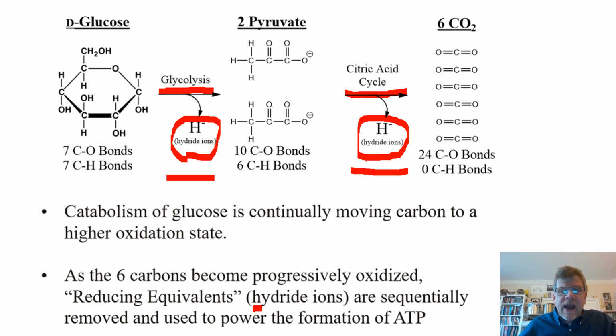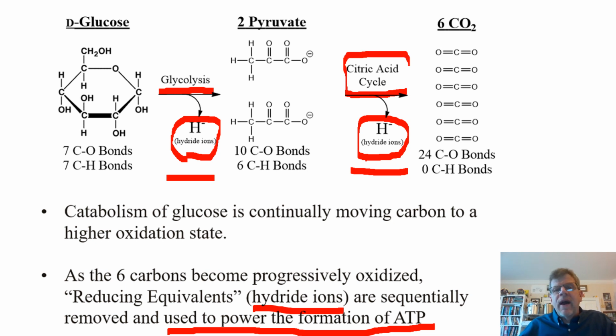These hydride ions are sequentially removed, but they're used. They're not just picked up and thrown away. They're used to power the formation of ATP within this new energy production pathway, which is much more efficient.